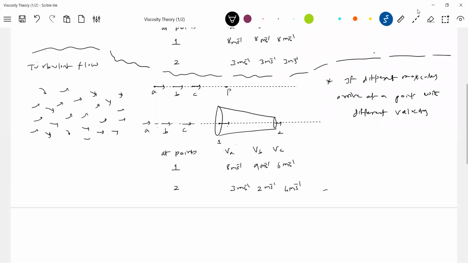Sir, how is it possible? That's what turbulent is. They may arrive at the same speed, but they may arrive in different directions. Then also it is said to be turbulent. It can also happen like this.